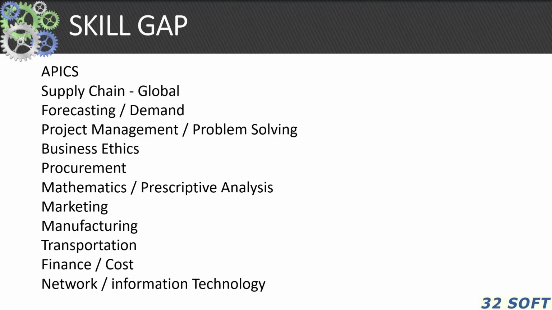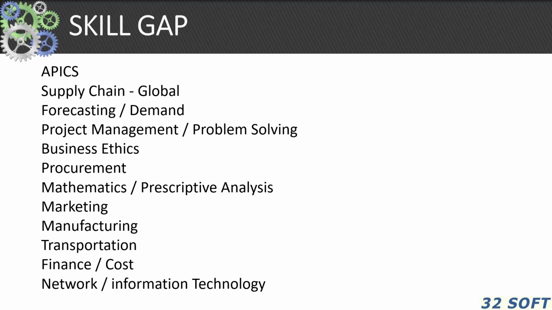However, one of the issues that we find ourselves in with the evolution of supply chains and supply chain control tower management systems is what could be referred to as the gap in skill sets required to execute and operate these systems. From APICS body of knowledge to forecasting knowledge to ethics to procurement to mathematics to an understanding of transportation and cost.